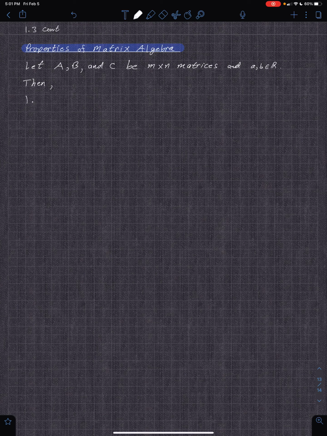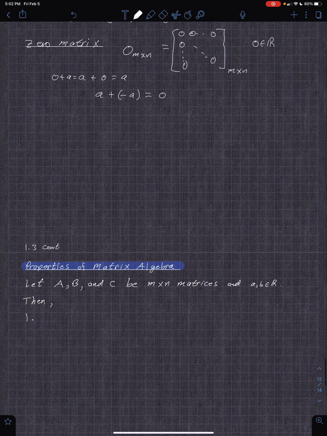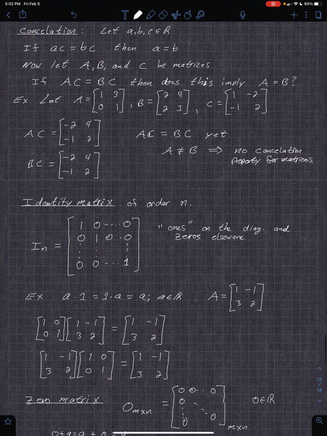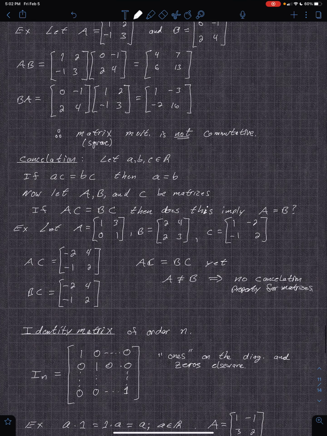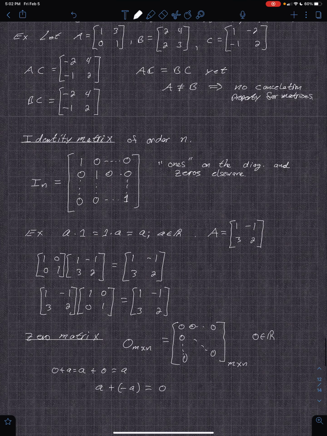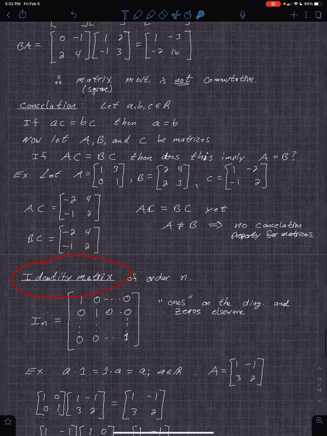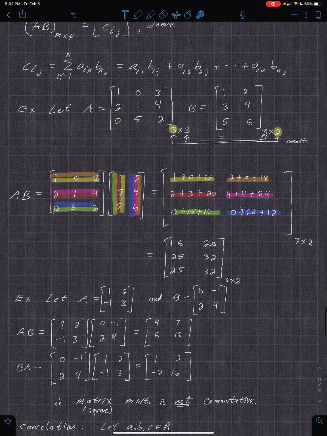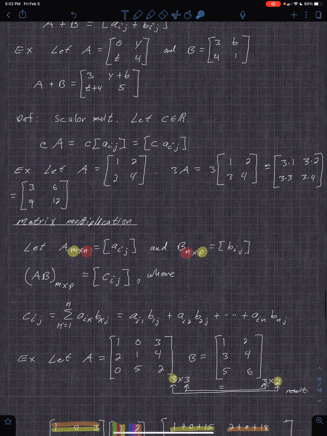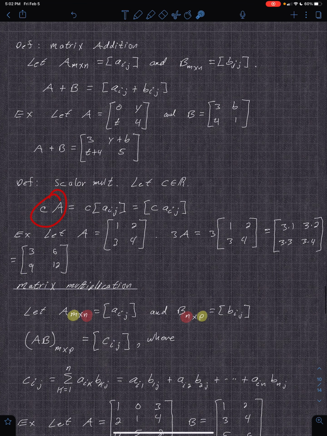Let's continue in 1.3 and talk about the properties of matrix algebra. So given these definitions above for the zero matrix, the identity matrix, and the definition of matrix, we have matrix multiplication, so we won't be doing that, but we're doing addition, scalar multiple, and matrix addition.